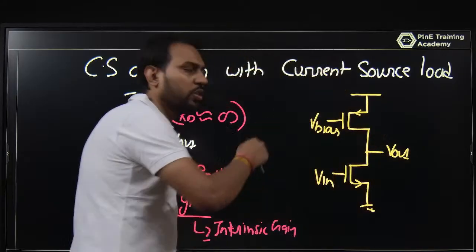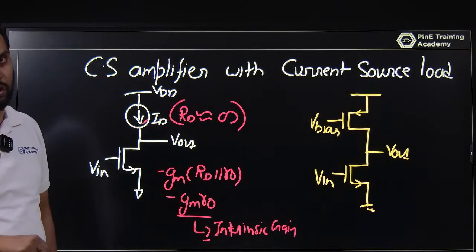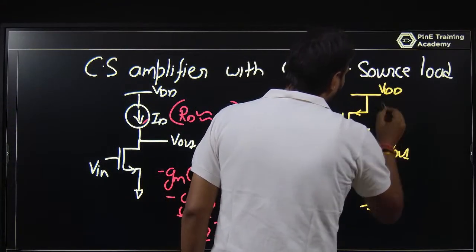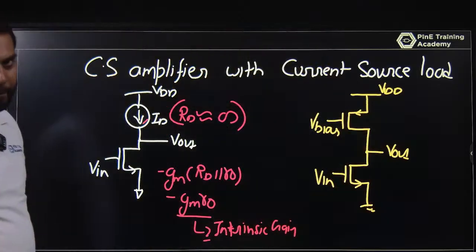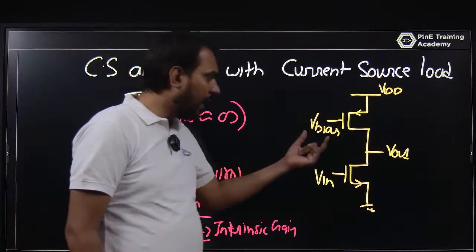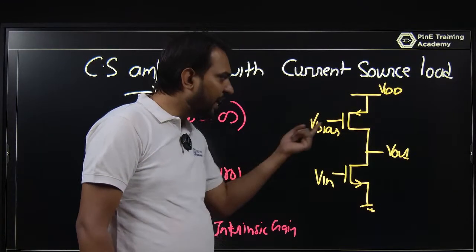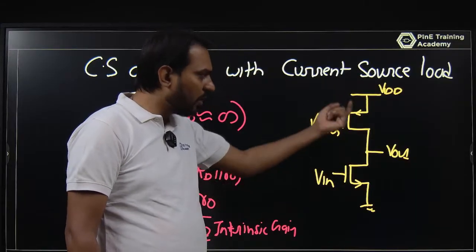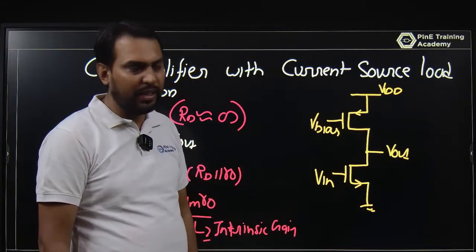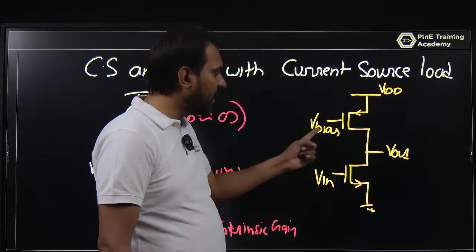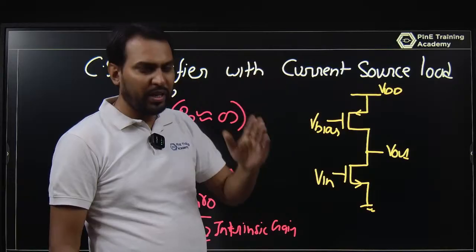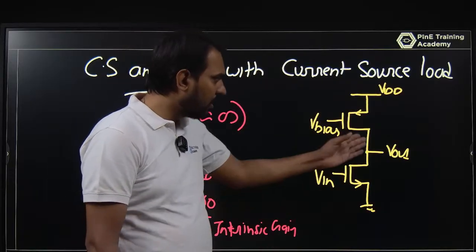Now I am using one MOSFET as a current load, where that gate voltage is V bias and here it is VDD. By this V bias, by the VSG, you can determine what is that current, what is the channel here. VDD minus V bias will be your VSG. If VDD minus V bias is greater than or equal to mod VTH, so V bias is VDD minus VTH, and it is happening here.